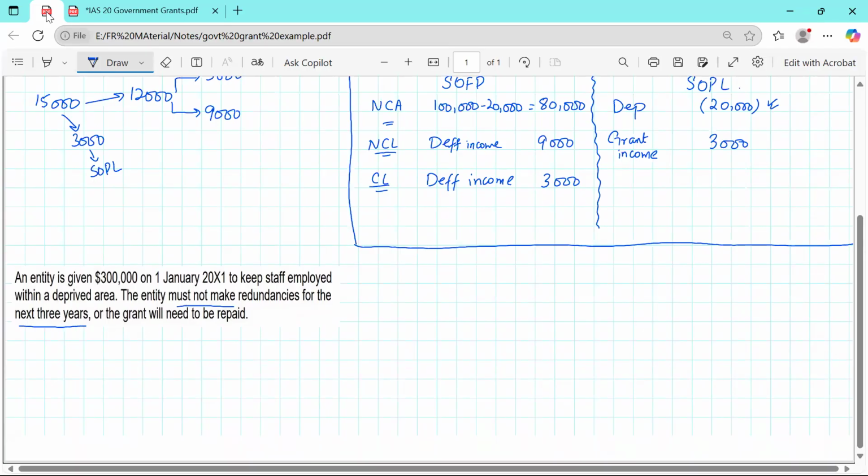So the government has given an organization 300,000, just to keep their employees there. The company is facing some problems. They are unable to pay salaries, or they want to close a certain division, and they want to make the employees redundant. You know what redundancy means, right? Do you have any idea about redundancy?